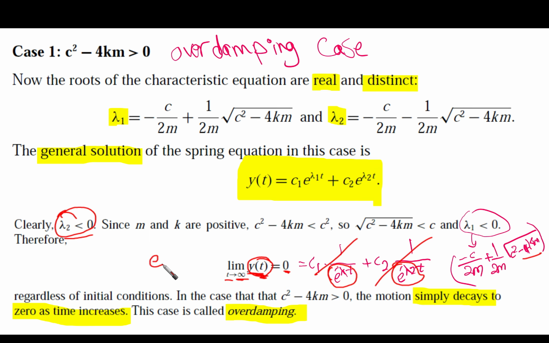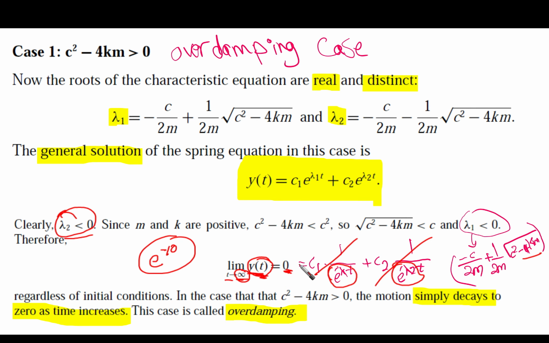Because e to lambda 1, as we said, is what? It is less than 0. So it is like minus, let's assume, for example, minus 10. So this is going to be very small. And at the end, the function itself is going to tend to, sorry, this is when t tends to infinity.